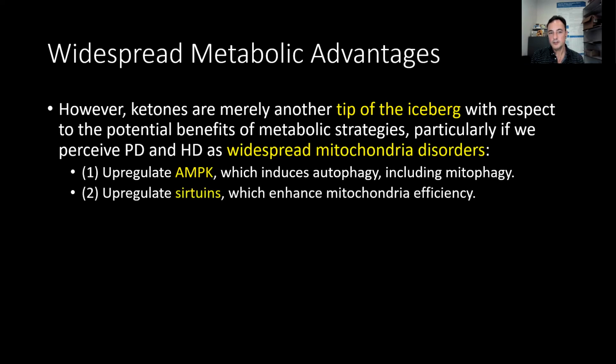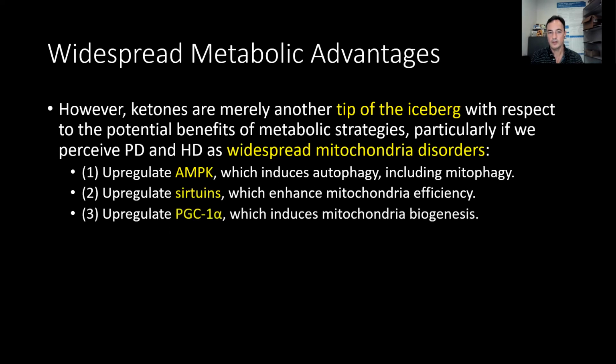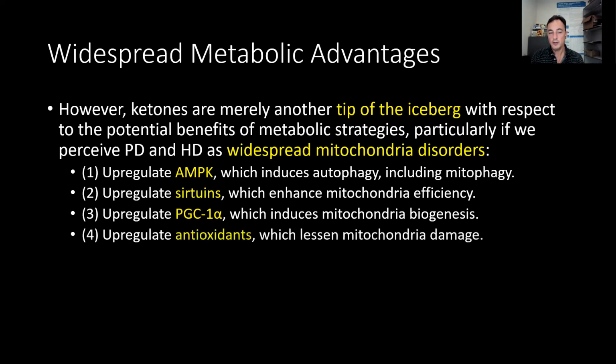The ketogenic, metabolic strategies upregulate sirtuins, which enhance mitochondria efficiency, amongst other things. Metabolic strategies upregulate PGC1 alpha, a master regulator of mitochondria metabolism, which induces mitochondria biogenesis, amongst other things. And metabolic strategies upregulate a number of antioxidants, which lessen mitochondria damage.